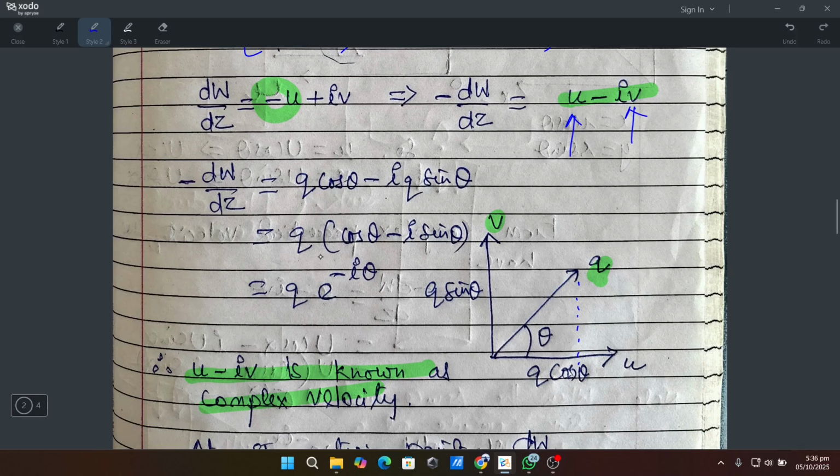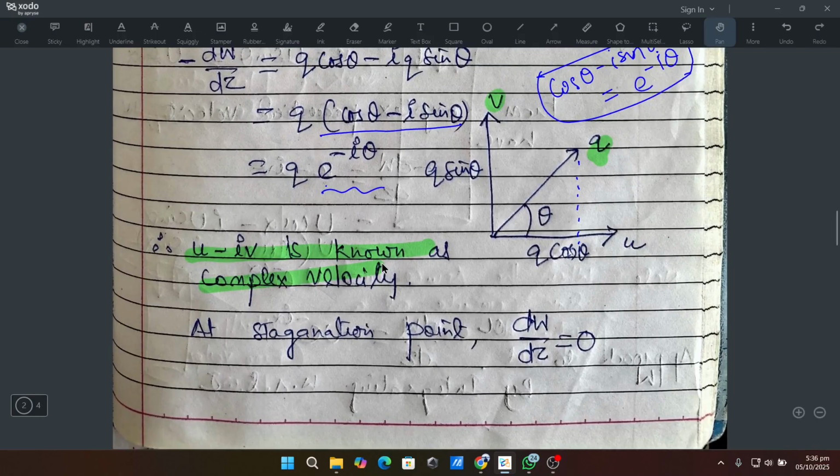And this is basically Euler's formula. Cos theta minus i sin theta is equal to e to the power minus i theta. This is a very beautiful formulation of mathematics. So from here you can see Euler's formula is applied here, and you can get q e to the power minus i theta.